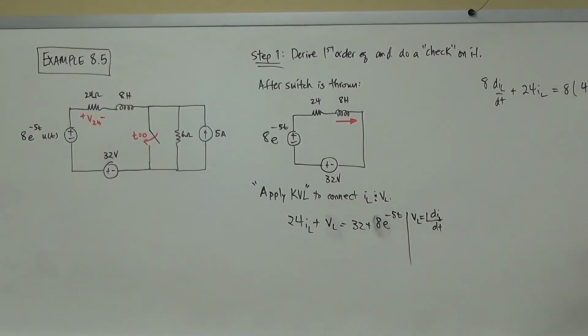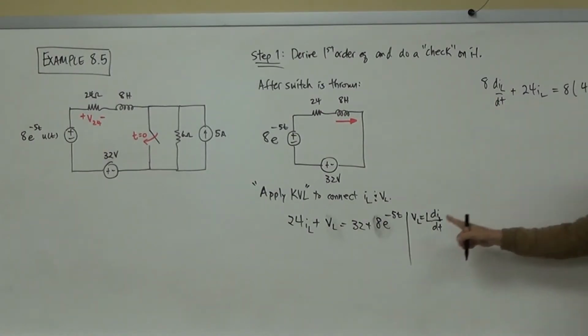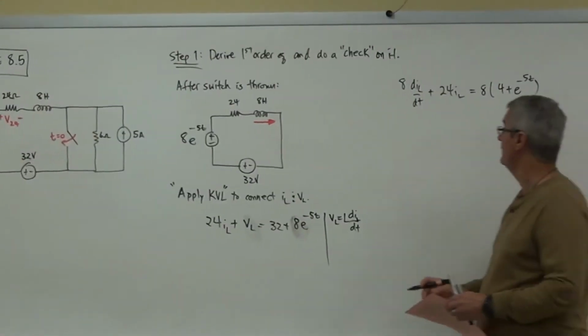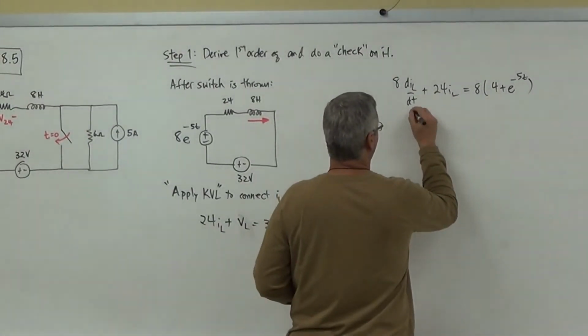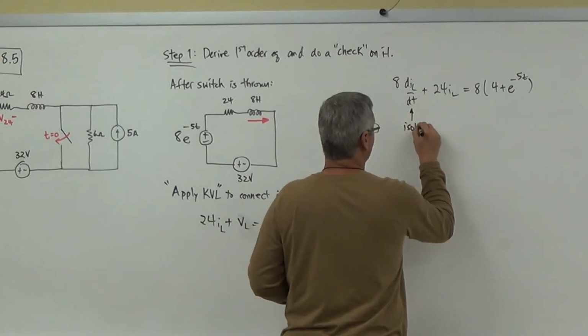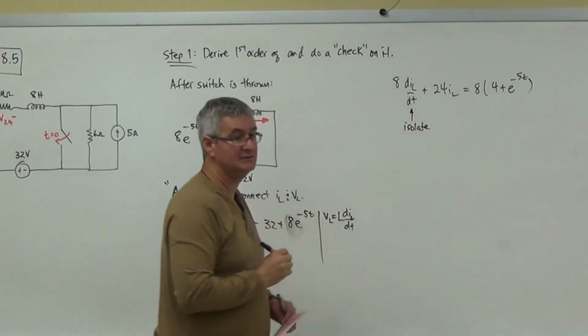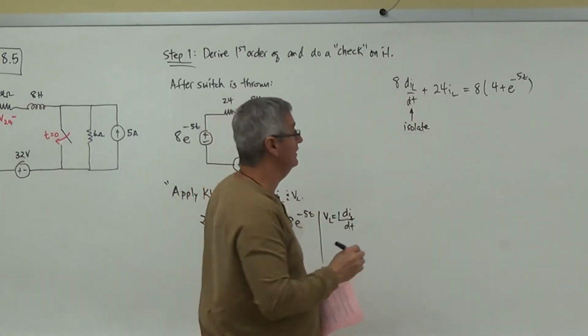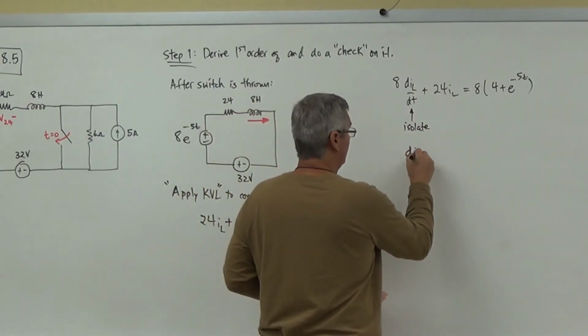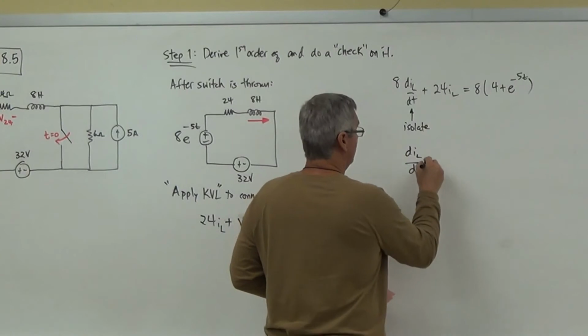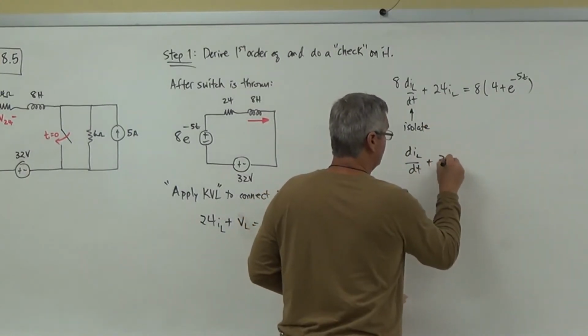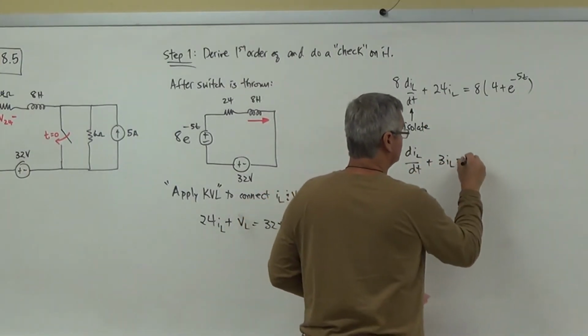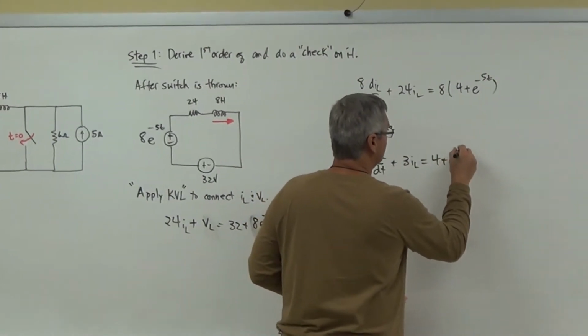Because I have that 8 right there, I pulled an 8 out of this equation just to make it easier to see right away. Remember, I need to isolate this guy. So I've got to divide everything by 8. So I'm going to get dIL/dt plus 3IL equals 4 plus e to the minus 5t.